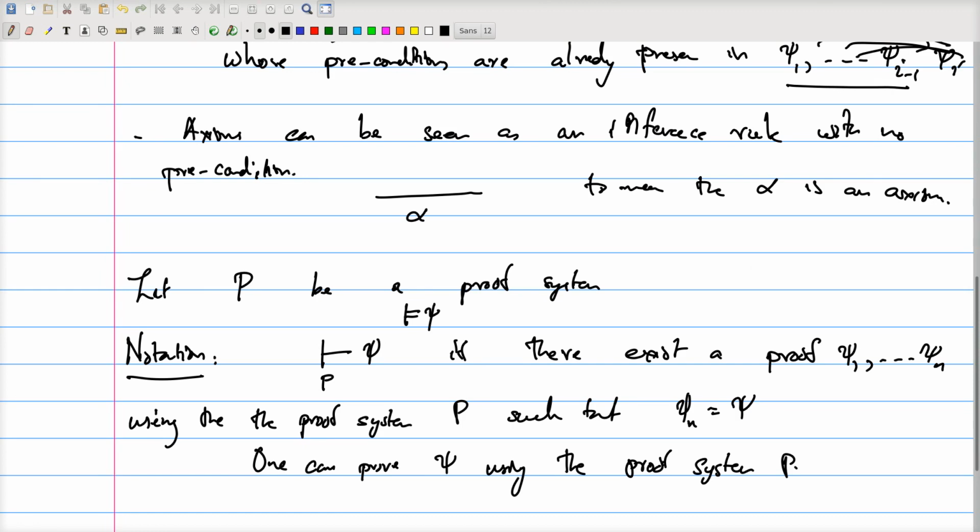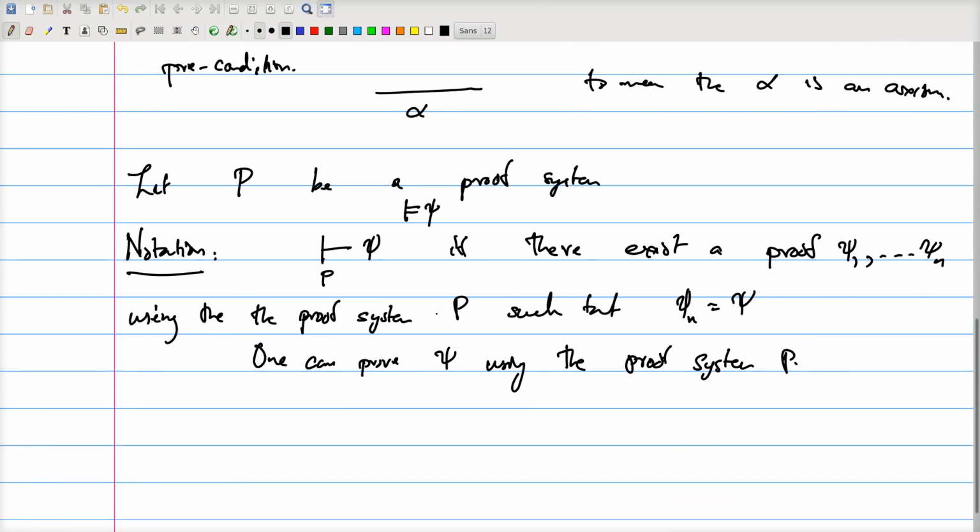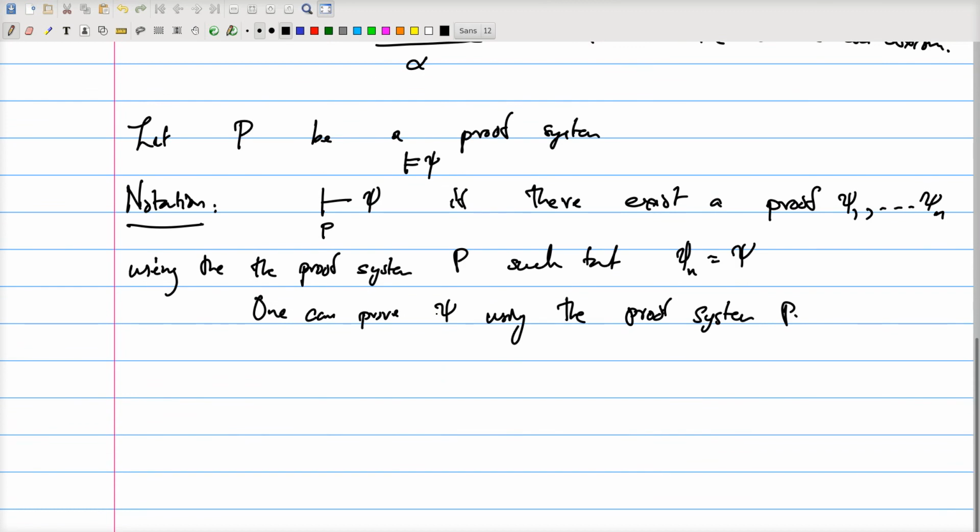A proof system can be used to prove things, and we study proof systems in logic. Note that we will suppress the subscript P in this.